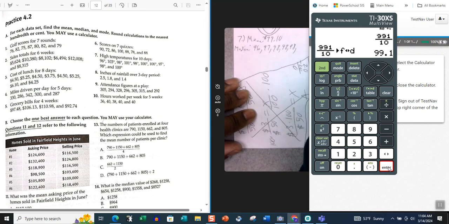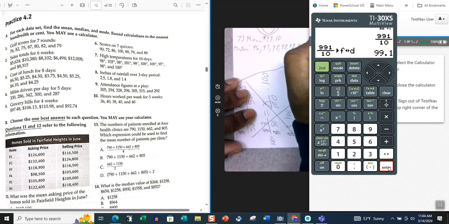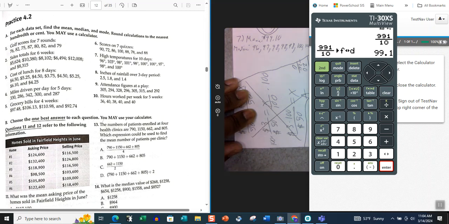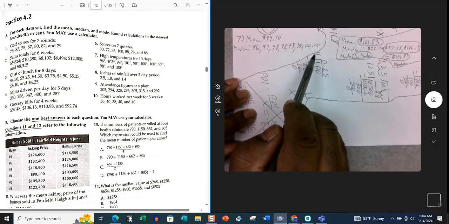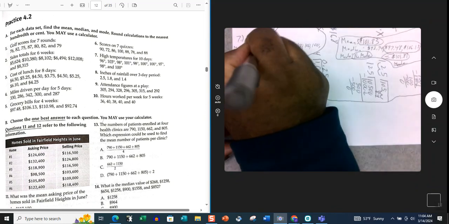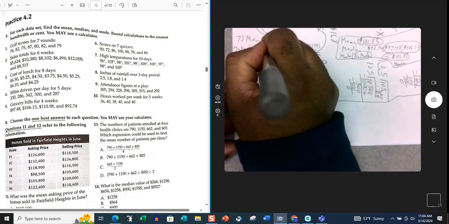Next we have 100 3 times, then we have 101, and then we have 103.